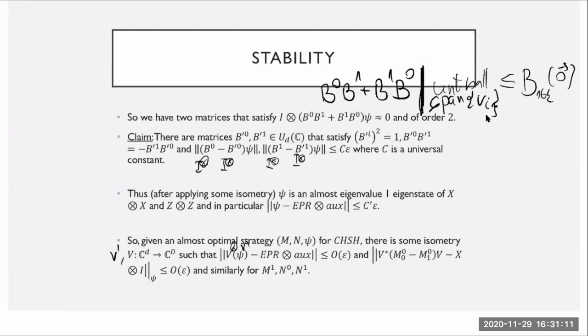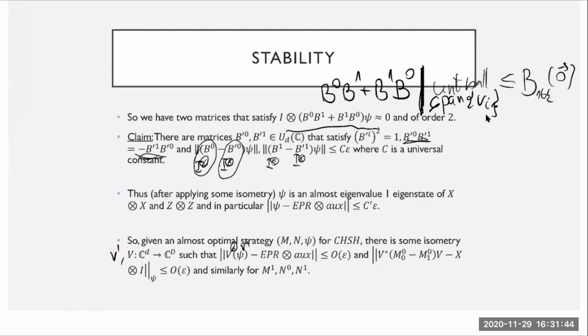If you have two matrices, B0 and B1, that satisfy exactly this condition, then there are unitary matrices that actually anti-commute, and also the distance between I tensor B0 and I tensor B0 prime acting on psi, and I tensor B1 and I tensor B1 prime acting on psi, is bounded by C epsilon.